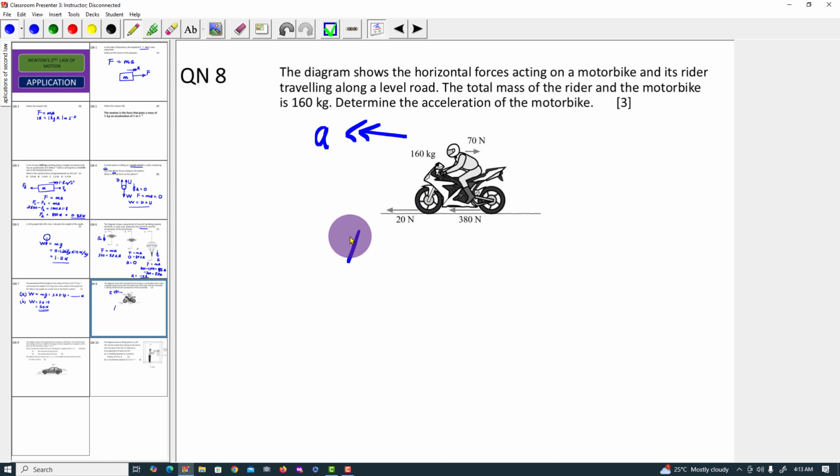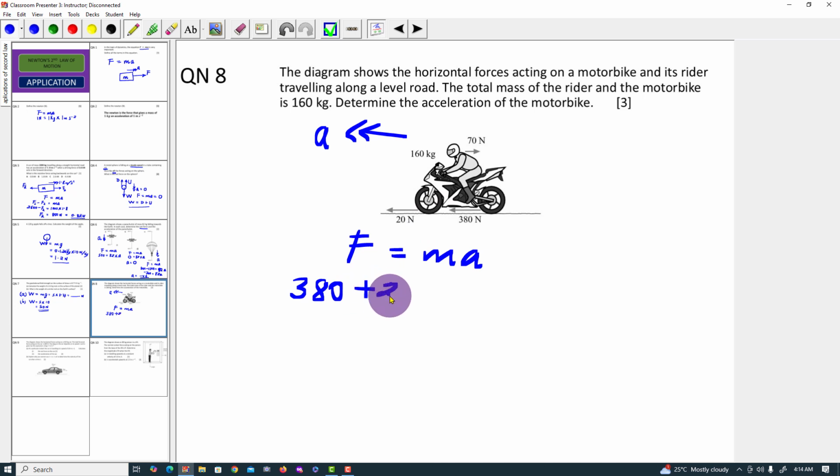So by using F is equal to ma, the forces which are acting in the direction in which the motorbike is moving, which is this driving force, 380 newtons, plus 20.